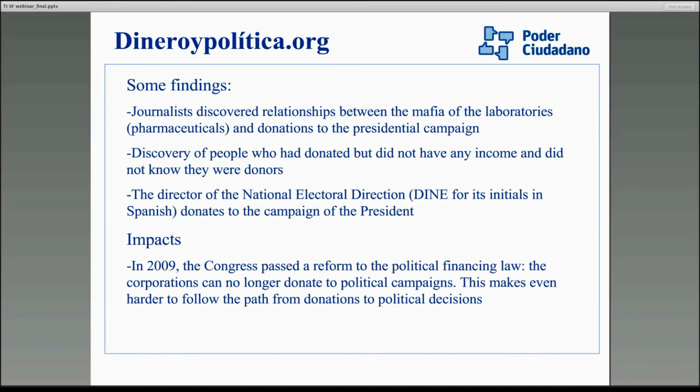We also have some undesired impacts. In 2009, the Congress passed a reform to the political financing law, for which corporations can no longer donate to political campaigns.